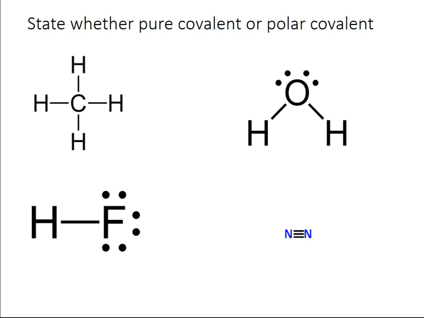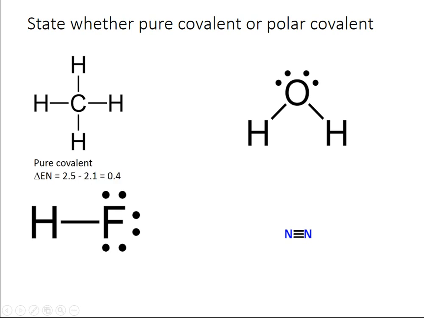So let's test ourselves. State whether we have a pure covalent or a polar covalent bond. A pure covalent is the same as nonpolar covalent. I'll give you some time to answer this question, or you can just stop the video and answer before I bring the answer. All right, hopefully we are ready.